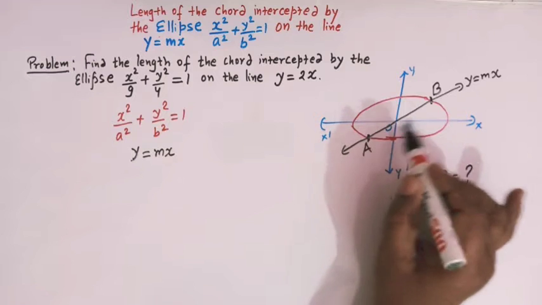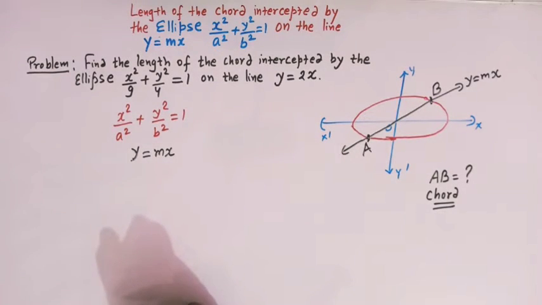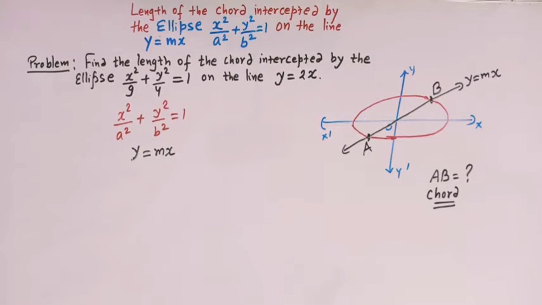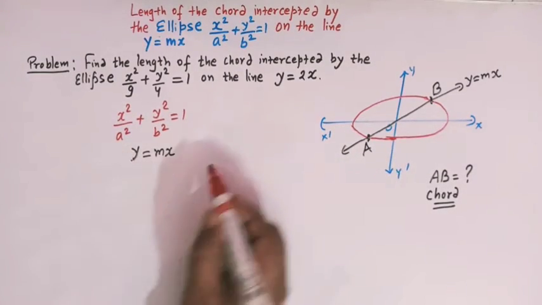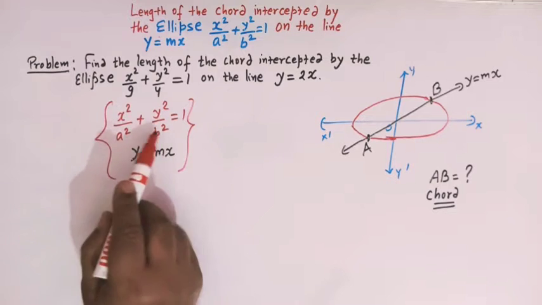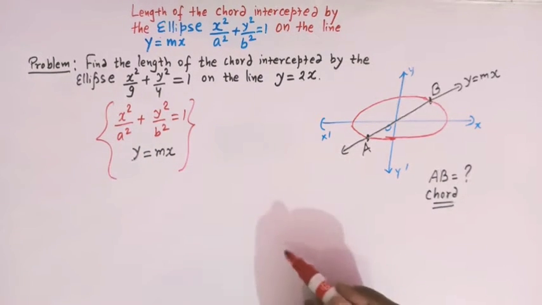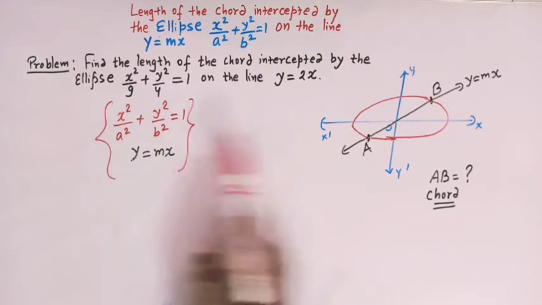So we have the 2 points A and B as points of intersection, right? And we have to find the length of this chord.